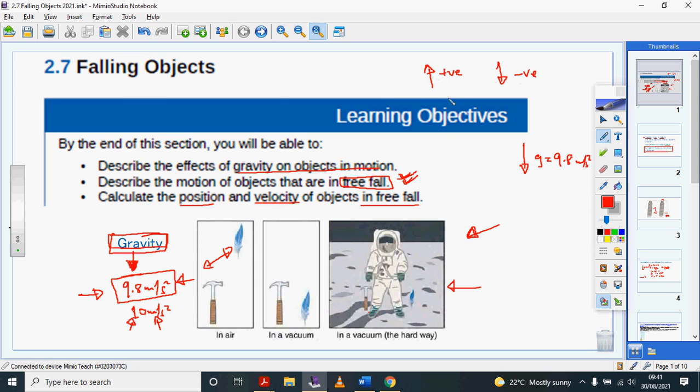Or you can do it the other way around: I choose down to be positive, and up to be negative. So if you choose down to be negative, then your acceleration due to gravity will be negative. But if you choose down to be positive, the acceleration due to gravity will be positive. Most of the time, we choose down to be negative, and then we use a negative acceleration due to gravity.